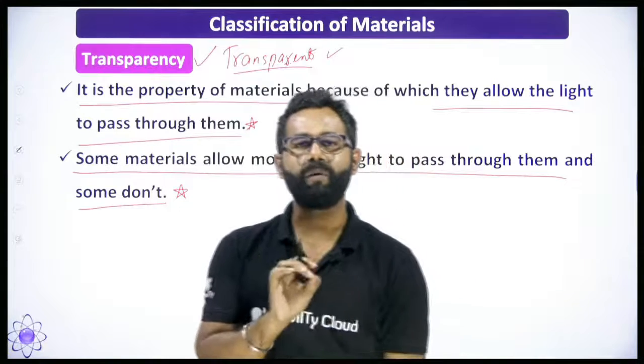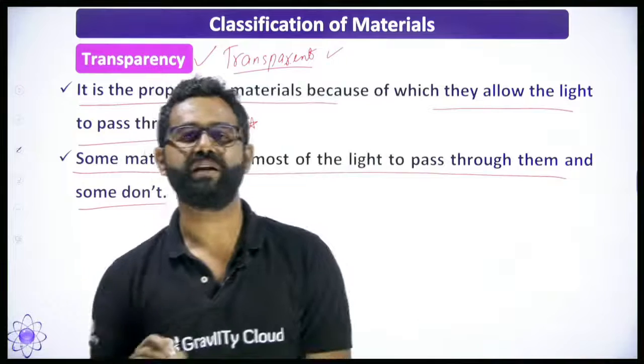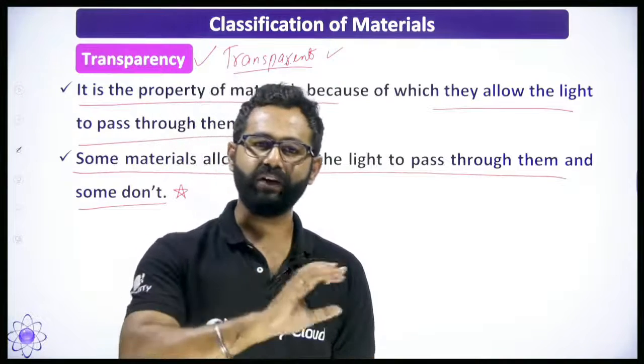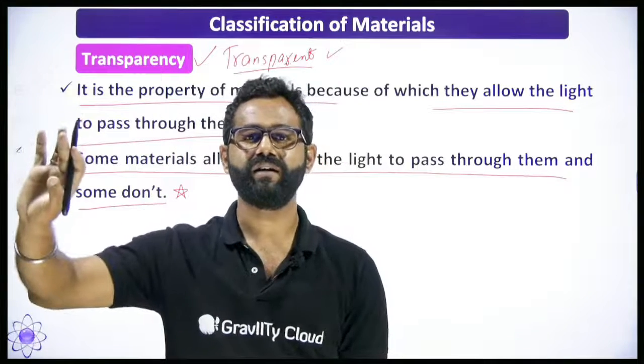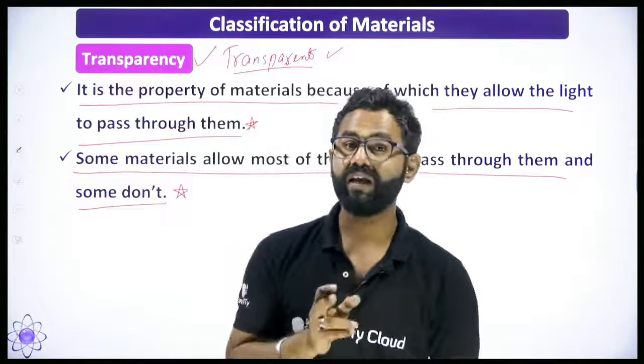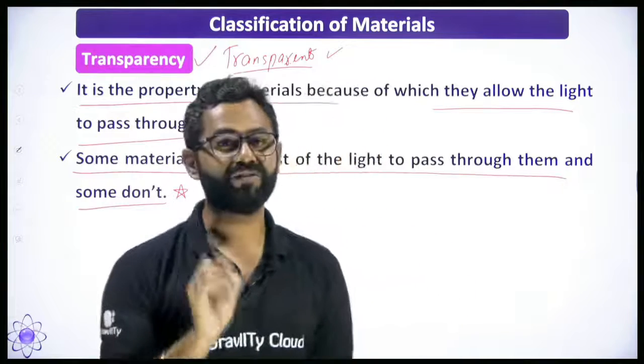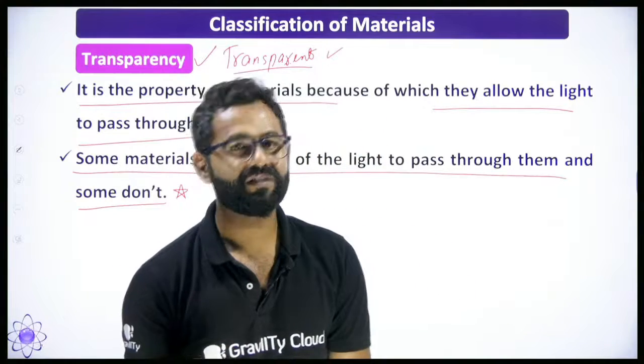Now it all depends upon the amount of light that they allow to pass through the material. If they allow the light to pass through it totally, it is transparent. And if they do not allow the light to pass through the material, it is less transparent or opaque.